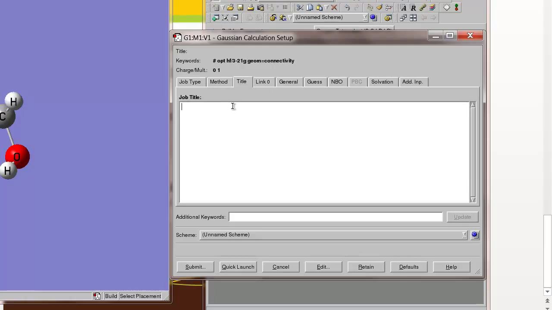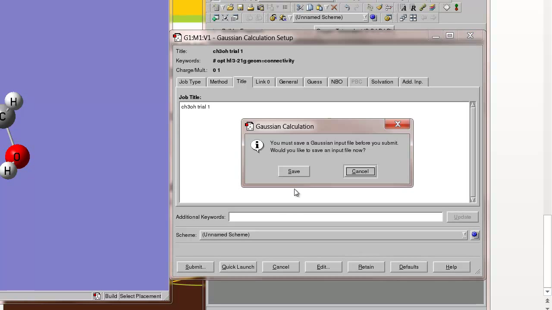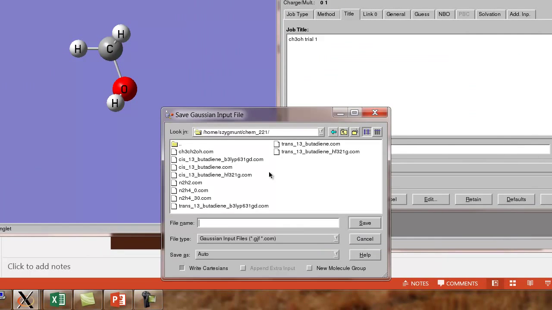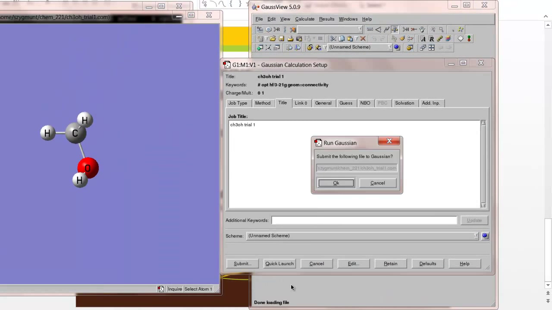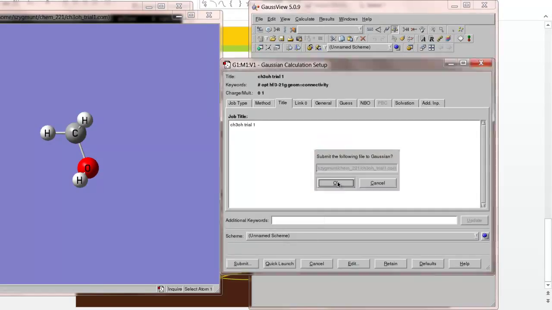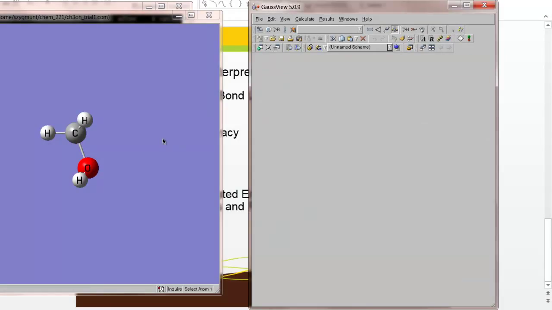For title, I'll give it a title here, CH3OH trial 1, and then we'll submit this. We have to save it, of course, and we'll give it the name CH3OH trial 1. Now, this shouldn't take very long at all to run, because methanol is not a very complicated problem.